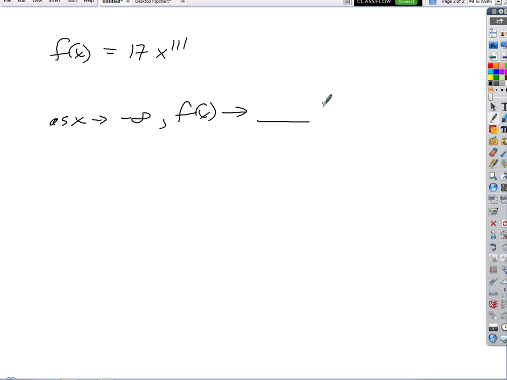We know it's going to be infinite, right? Because we're taking an infinite number to a huge power. What's the sign going to be? Negative. Good. Because I'm going to get positive times negative is negative. Good. Okay, how about this one?